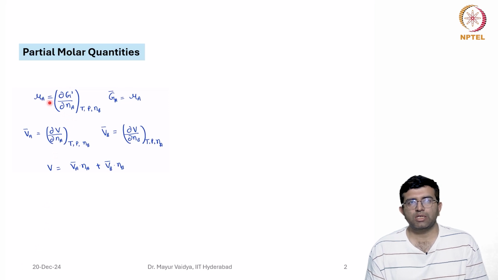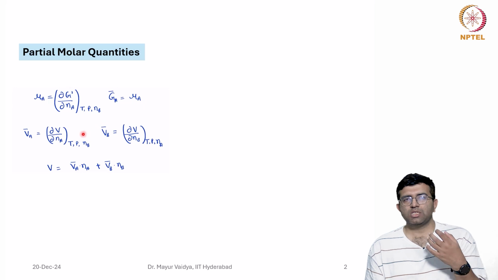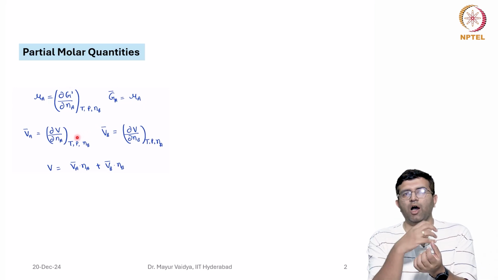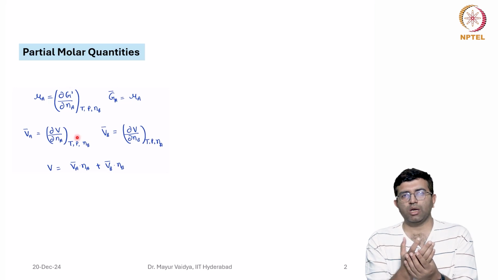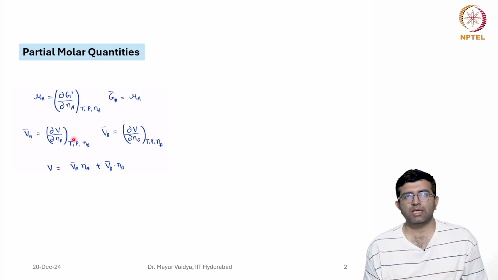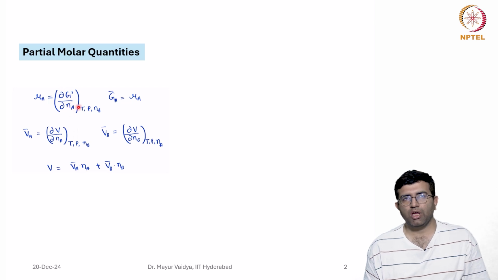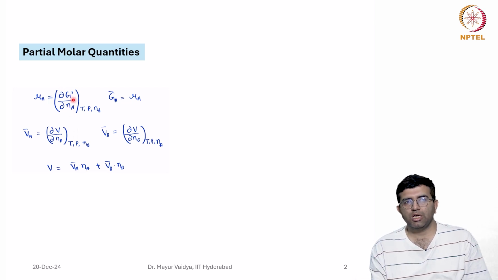Chemical potential is nothing but dou G bar by dou Na at constant temperature, pressure and Nb if it is a binary solid solution, which can also be expressed as Ga bar equal to mu A. What it means is that if I add a small amount of A, how much the overall quantity or property changes. In this case, for the chemical potential, it is the free energy. So, if I add a small amount of A, how much does the free energy of the solution change.